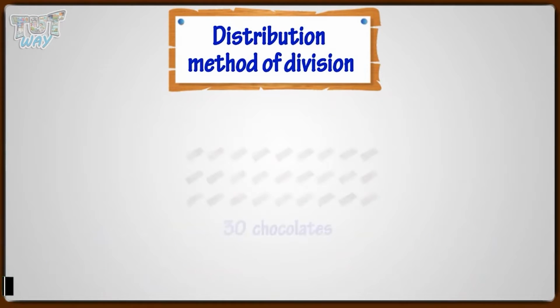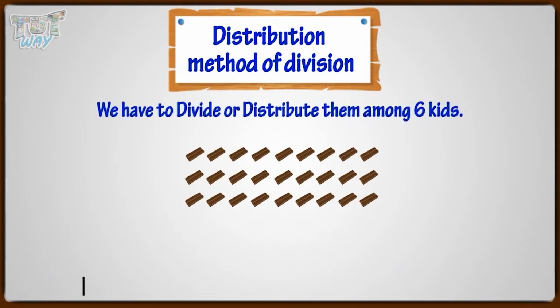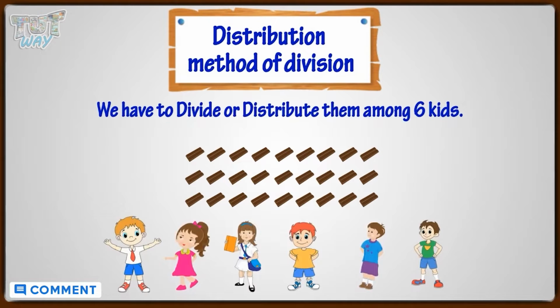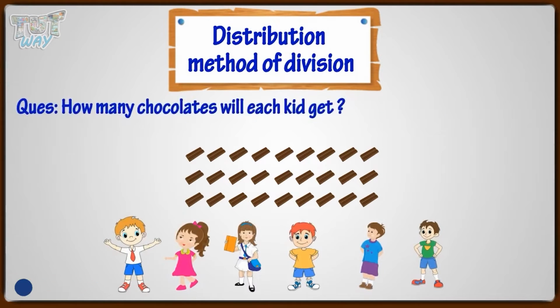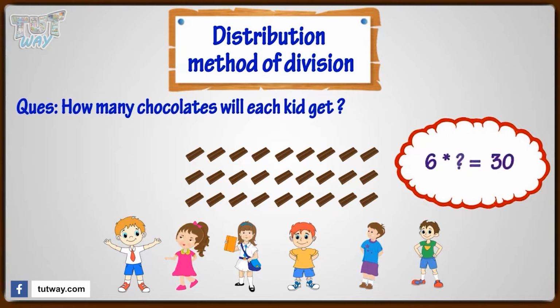Here are 30 chocolates, and we have to divide or distribute them in 6 kids. How many chocolates will each kid get? Here is another method. Just think how many times 6 can go into the other number, that is 30.